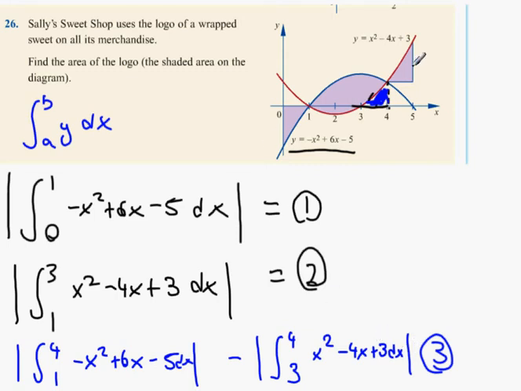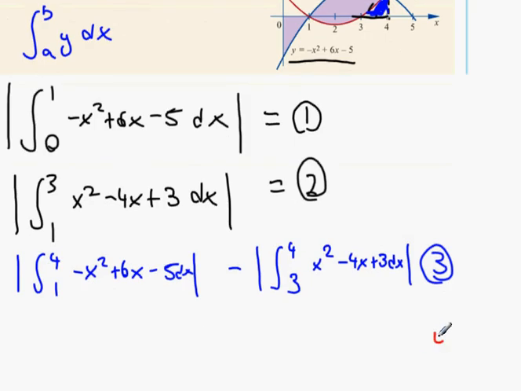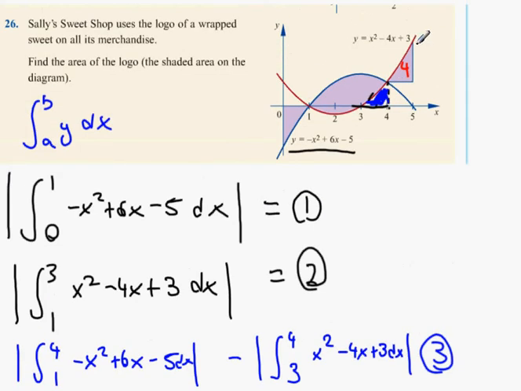Okay, and then finally the last bit. There's a bit of a freebie here. So last one is going to be area 4. I haven't done area 4 yet, right? So area 4. If I get the area under this graph from 4 to 5, do you see 4 to 5?